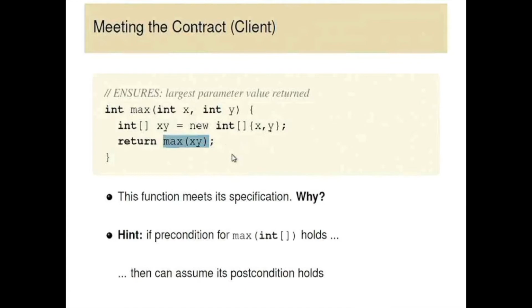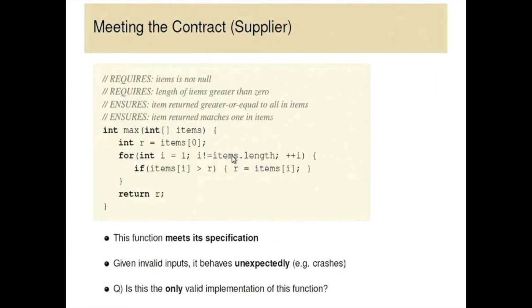So what are the things that we need to think about at this point when we do this? We're calling the max function. We saw the max function on the previous slide. It had a whole bunch of preconditions, right?